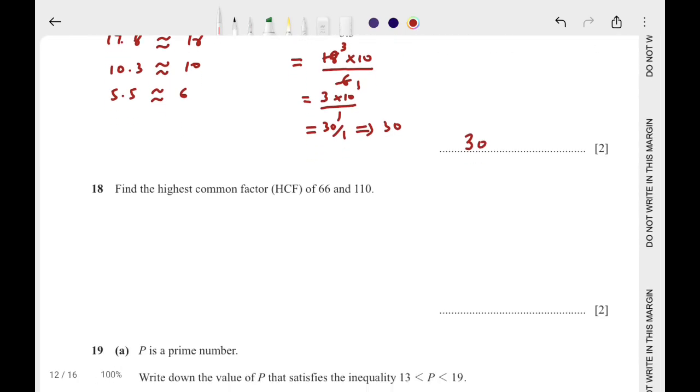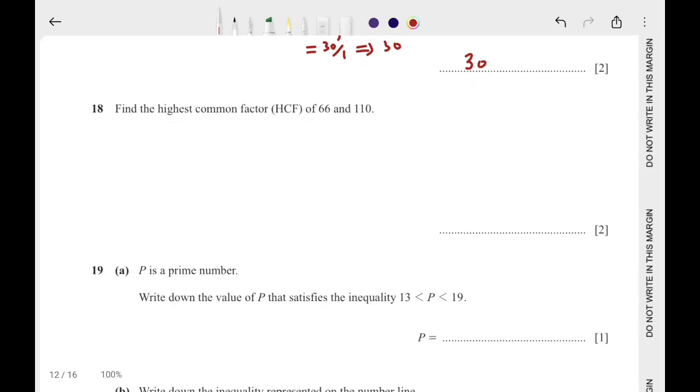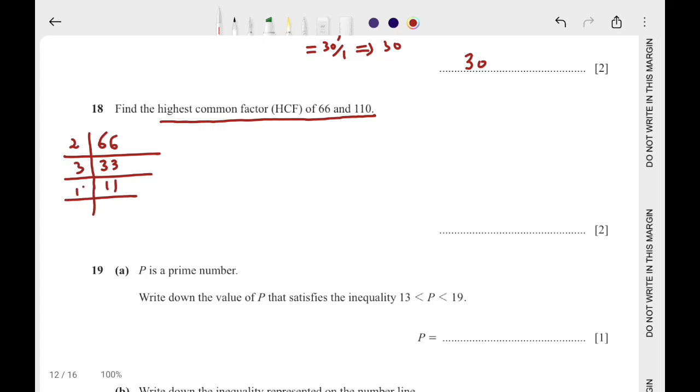Next question. Find the HCF of 66 and 110. We'll find the prime factors of both values. So starting with 2, 3s are 66, and 3 11s are 33, and 11 ones are 11. So 66 is equal to 2 times 3 times 11.